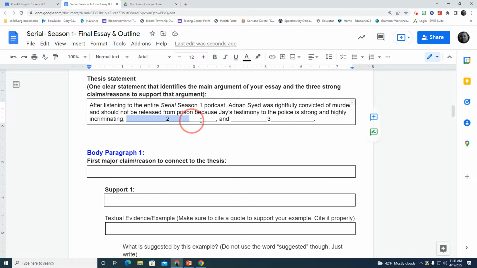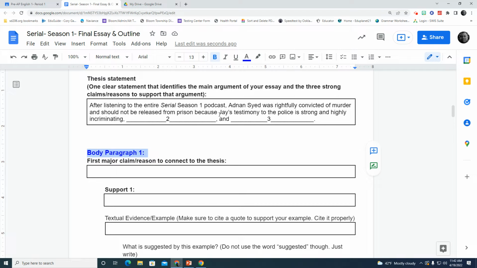Then I would list my second point, and then I would list my third point. But for this example, I only listed one point of why I think Adnan should not be released from prison and why I think he was rightfully convicted, and that was that Jay's testimony to the police is strong and highly incriminating. Right? So each one of my main points is going to be the focus of each body paragraph.